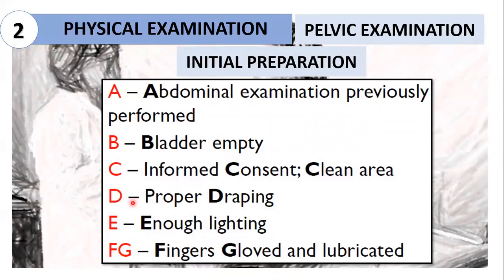D, apply proper draping. E, ensure enough lighting by either using a drop light or perilight. And F, G, we will be using gloves in examining the parts of the patient, and we will be using lubricant.